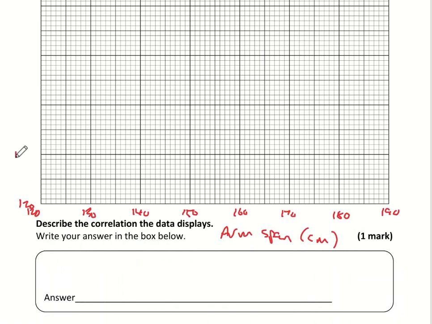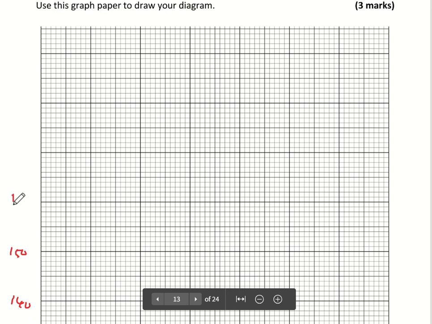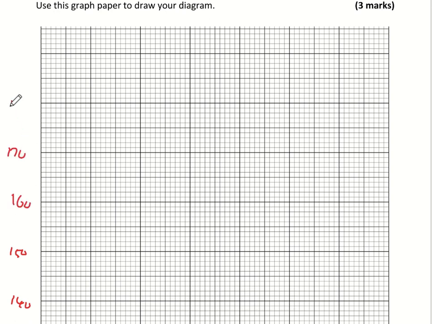Similar scale: 130, 140, 150, 160, 170, 180, 190, 195, and our maximum will fit in there. We've kind of run out of space here, so this is height, and that is centimeters as well.